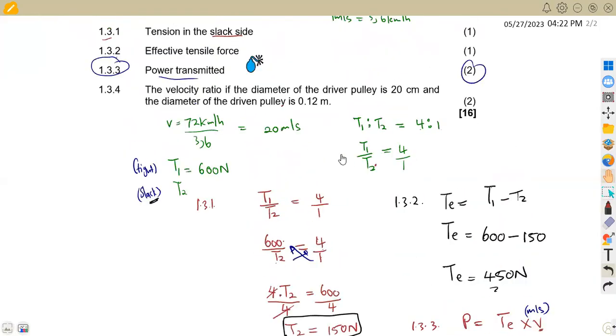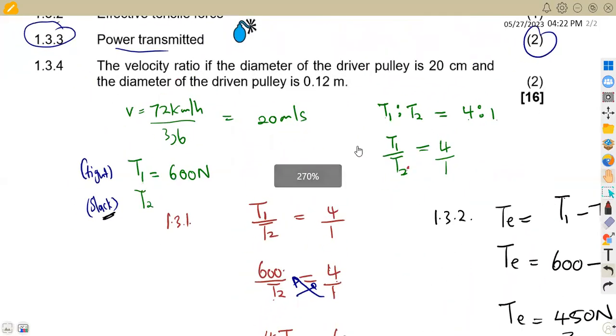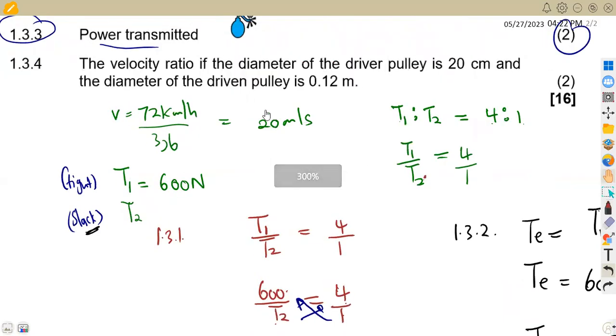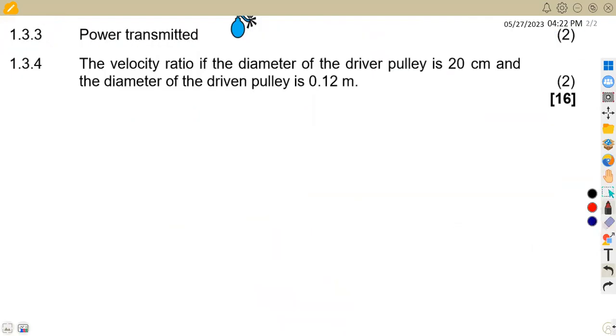All right, let's check the other part of the question. 1.3.4. The velocity ratio if the diameter of the driver pulley is, okay, so here we are given the diameters. So this information for now is not important. So here we have got 1.3.4.